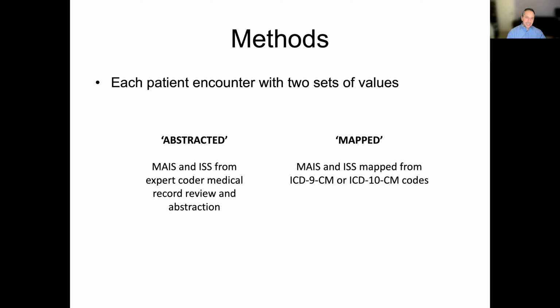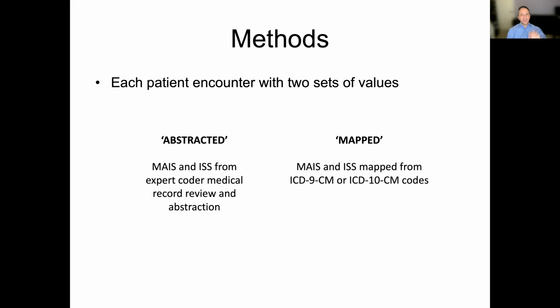I won't go into detail how that's done, but through certification, you look at everything. You have to look at operative reports, radiology reports, notes, all of those things to A, identify injuries, and B, identify details about those injuries in order to assign AIS codes with confidence.